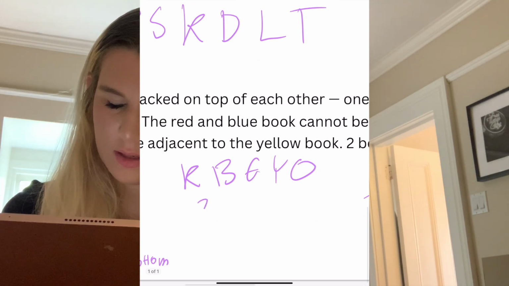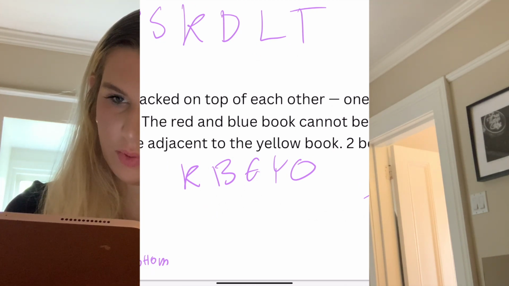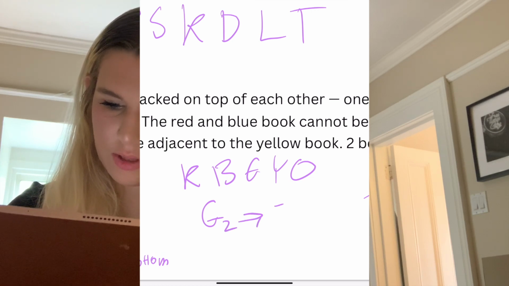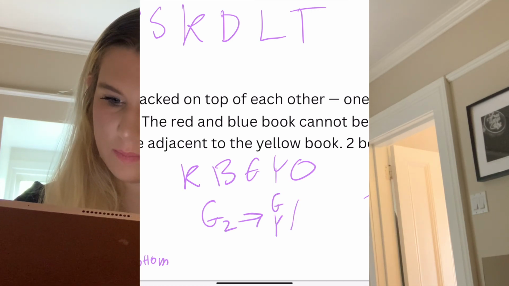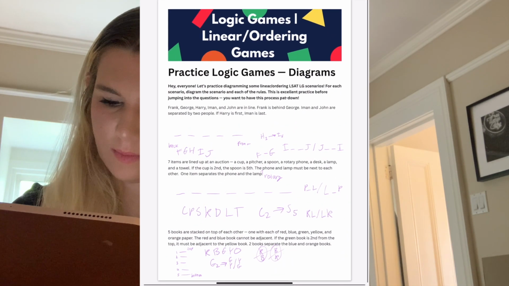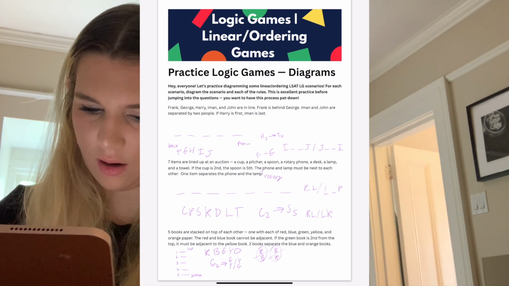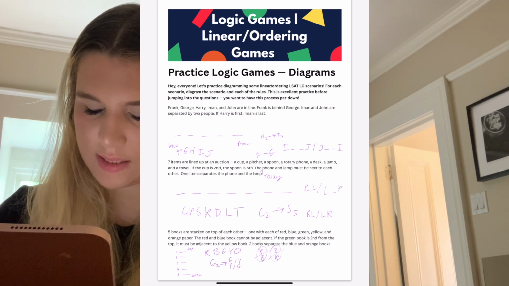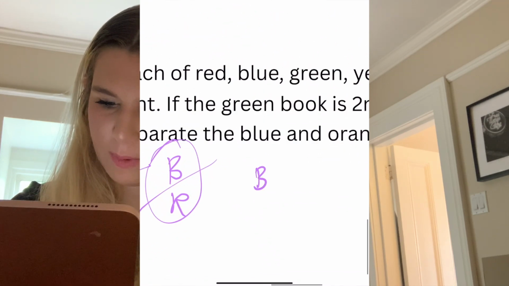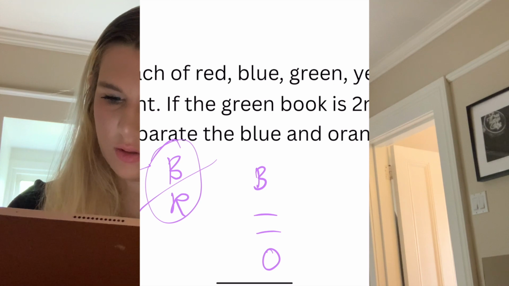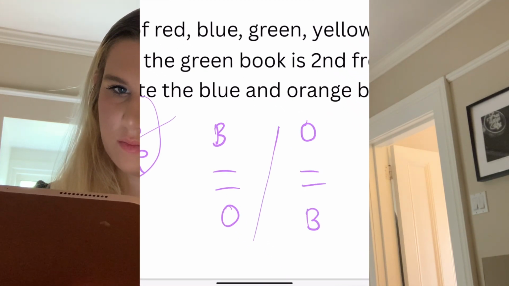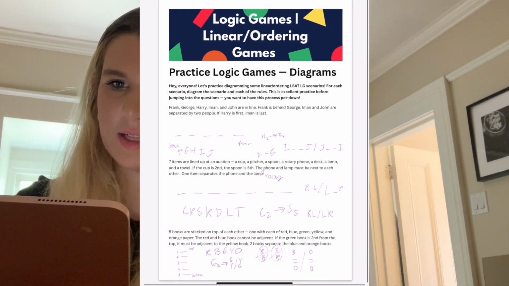So the way I'm going to do this is by writing G, Y, Y, G, like this. All right. Our next rule is 2 books separate the blue and orange books. So you could do blue, space, space, orange, orange, space, space, blue. All right, and that's how I would diagram those games.